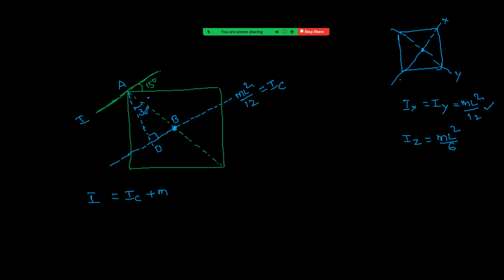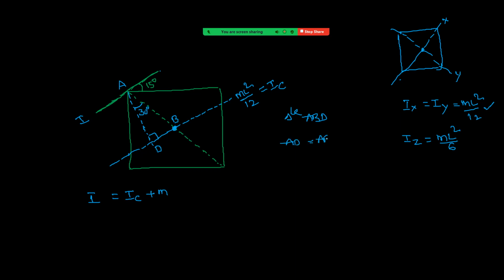And AD value how much? In the right angle triangle ABD, AB will be the hypotenuse, right? And AD will be the adjacent side. That means AD value will be, see how much? AB cos 30.